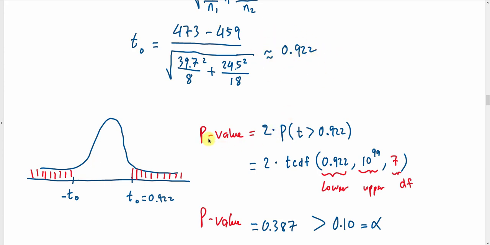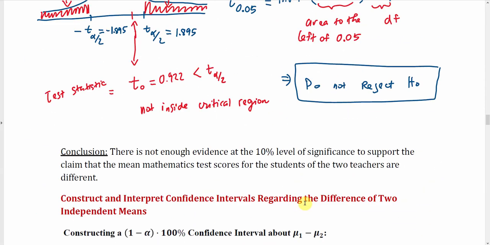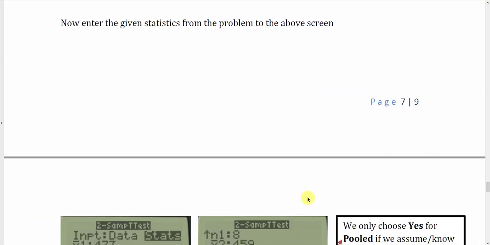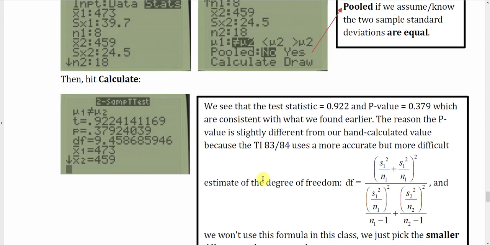The p-value we got earlier was 0.387. Let's go down here to see what the TI gives you. The p-value is 0.379. This is a little bit off compared to the last example. It's not a big difference, but they are not the same.